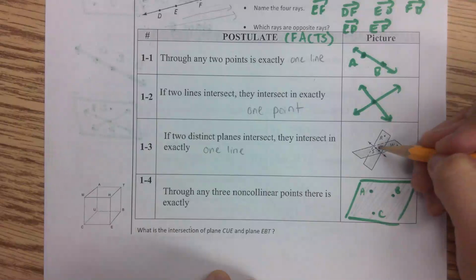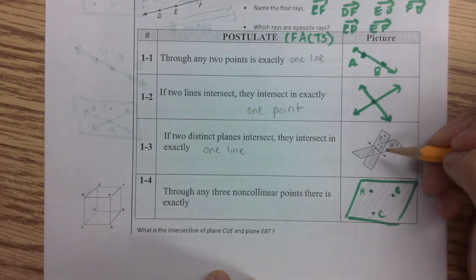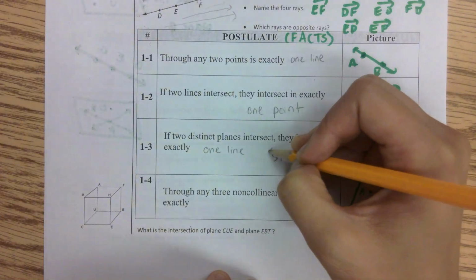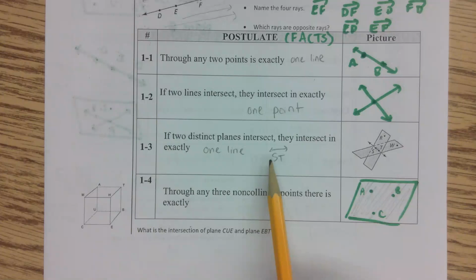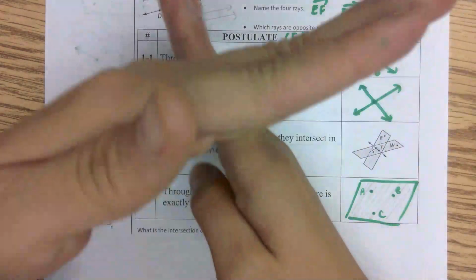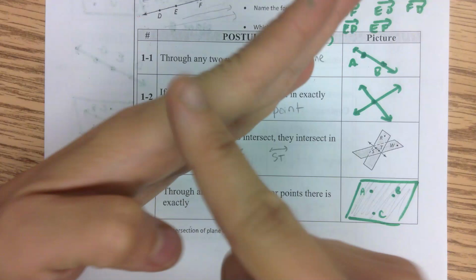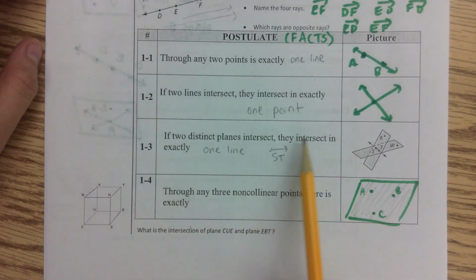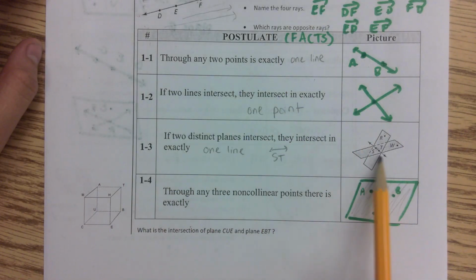In this example, this line looks like that's an S and a T. So this one's a bit trickier when you're trying to think of 3D, right? Like if I had 2 pieces of paper and they were intersecting, they would intersect at that 1 line, right? So you just want to remember this postulate. If 2 distinct planes intersect, they intersect at exactly 1 line.